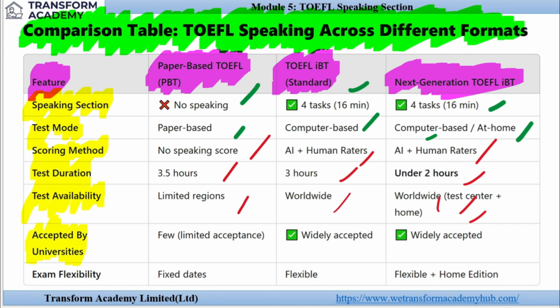So the paper based has limited acceptance, and both of these are widely accepted. Exam flexibility. So fixed dates are for the paper based, the internet based is flexible, and the next generation is flexible, plus it has home edition.